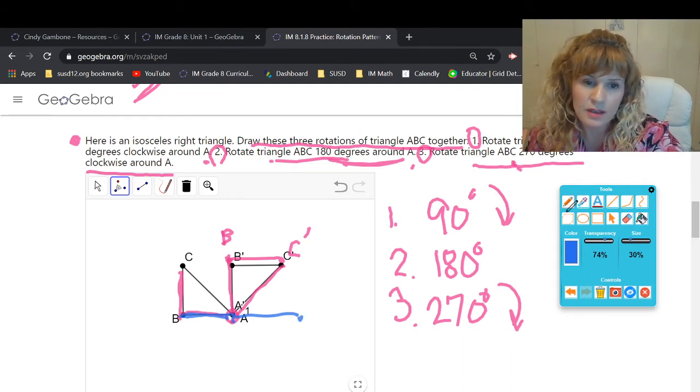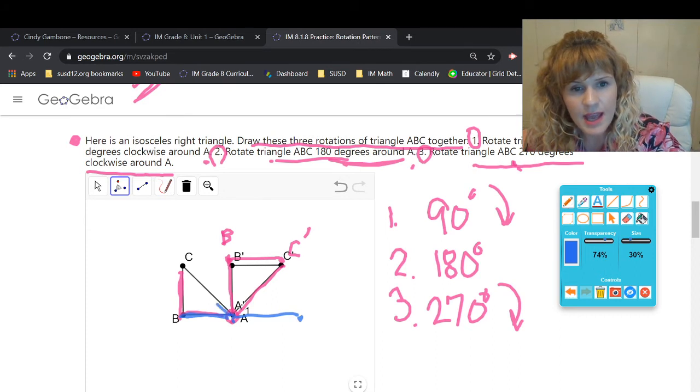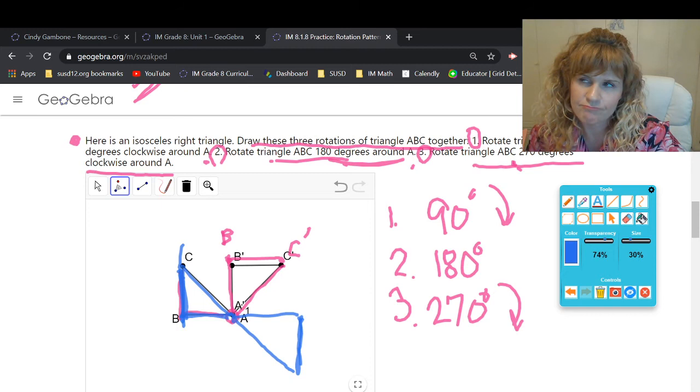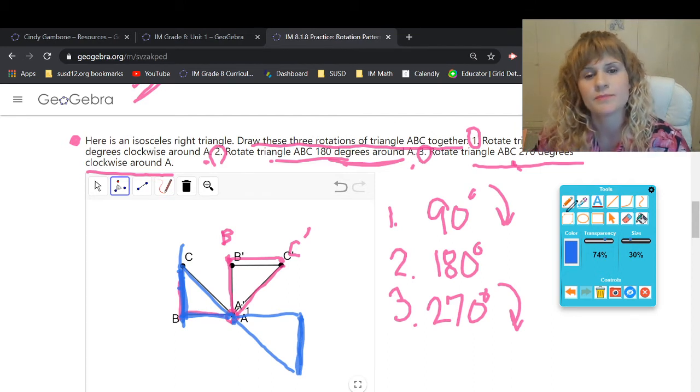So that'll be here. And then line CA is also going to be in line with its original figure. BC will be reflected parallel. Remember that this line segment reflected around a point, not on the line segment, gives a parallel line.